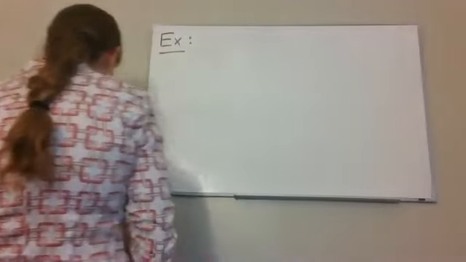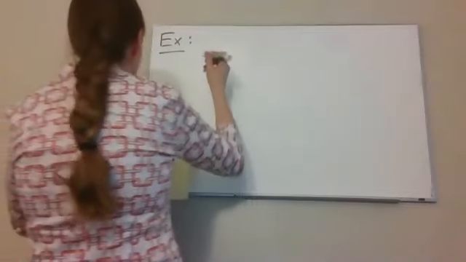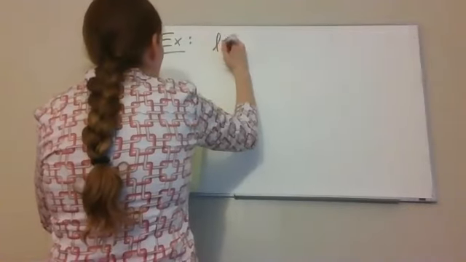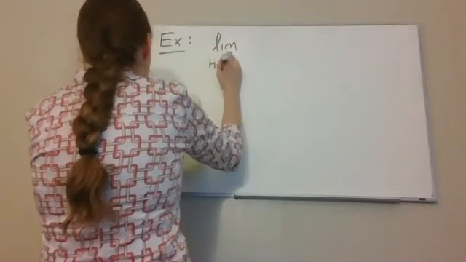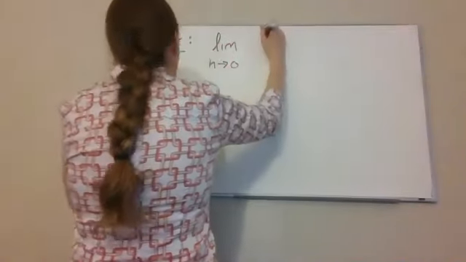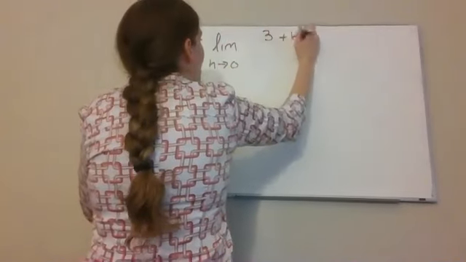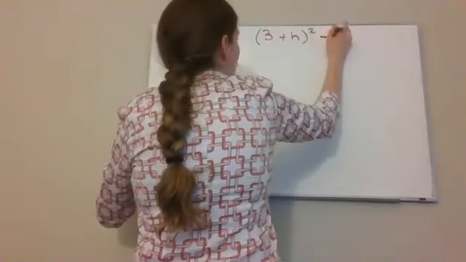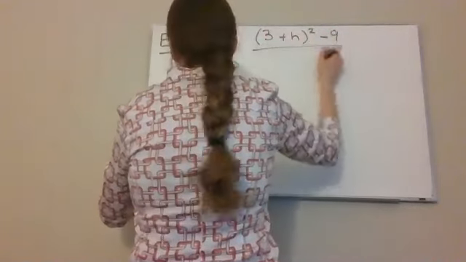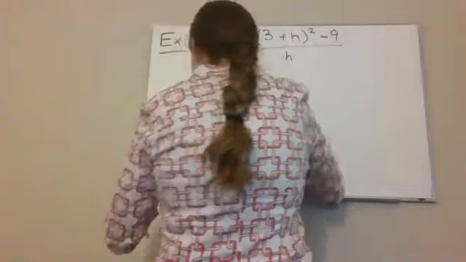All right, next example. Let's do the limit as h approaches 0 of 3 plus h in parentheses squared minus 9 all over h.